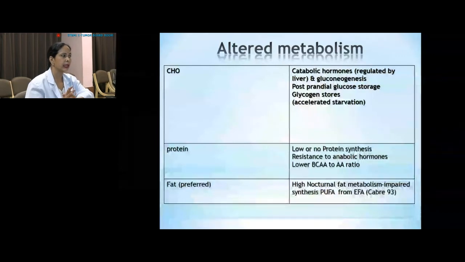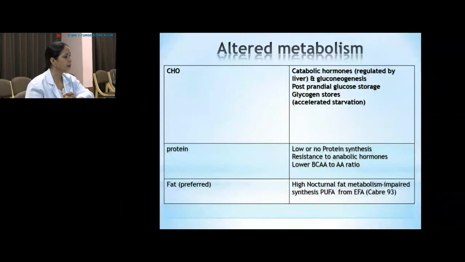Carbohydrate metabolism is directly and indirectly regulated by hormones such as glucagon, insulin, cortisol, and adrenocortical hormones are also responsible for carbohydrate metabolism.